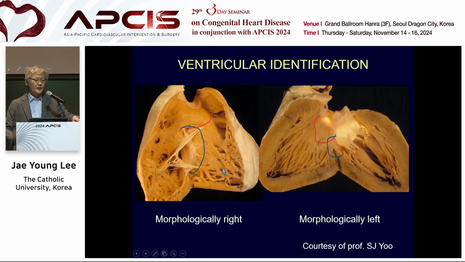In this chamber, the trabeculation is very coarse and disoriented. And in this chamber, there is a very fine trabecular pattern, and the AV valve tension apparatus is attached to the septum, and this is a clear septum. This is morphologically the right ventricle, and this is morphologically the left ventricle.